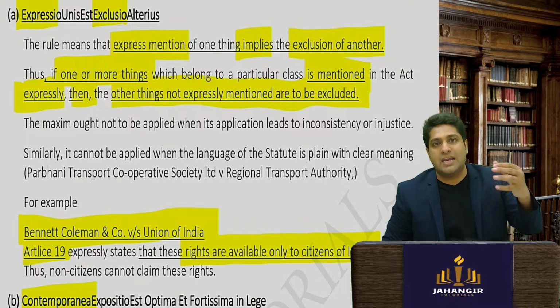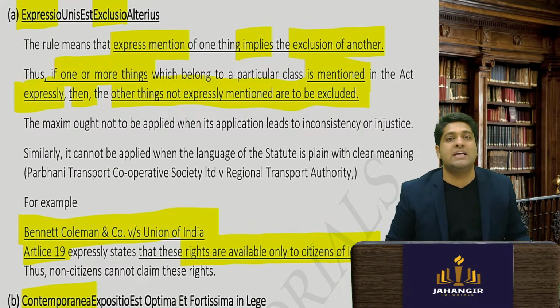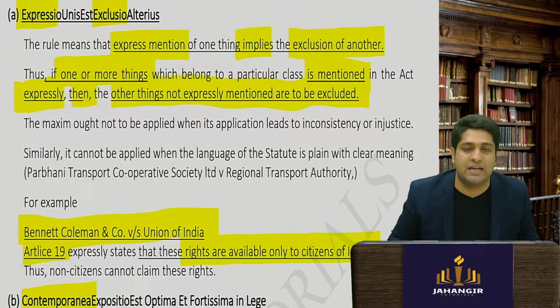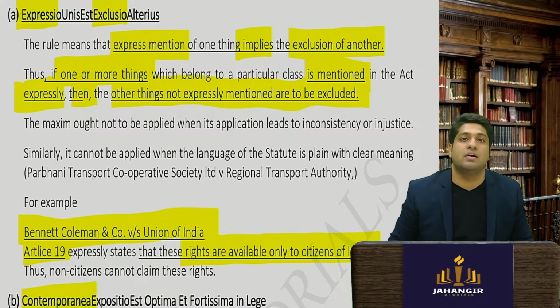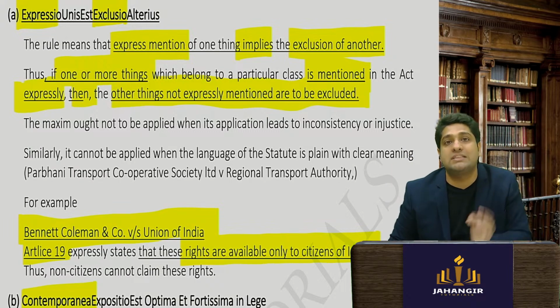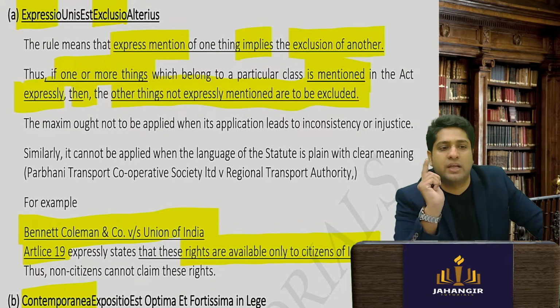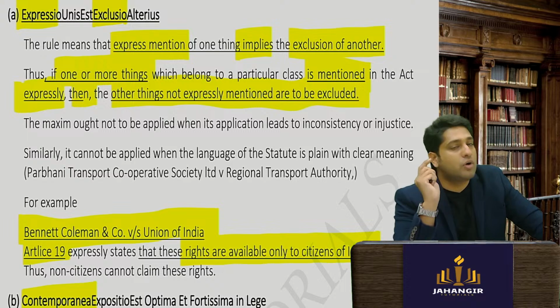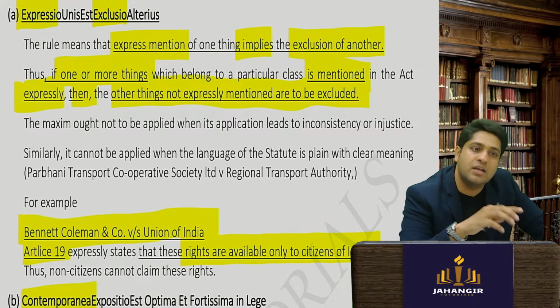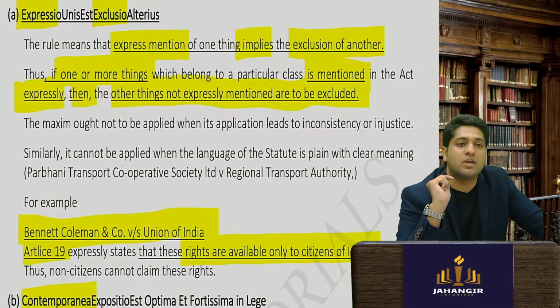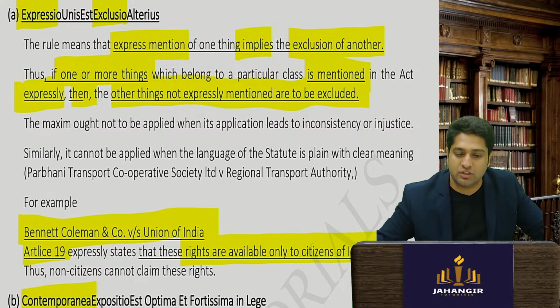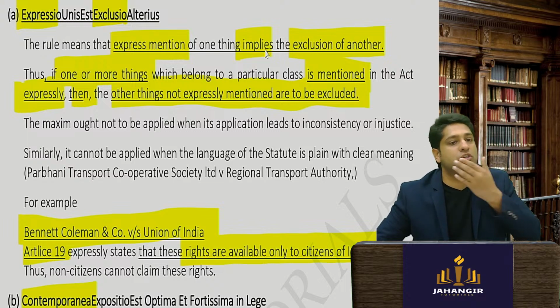An example of this in law is when I say that fundamental rights under Article 19 are available to citizens only, or Article 14 is available to citizens only. When we say like this, that means foreigners cannot apply. So what does this rule say? That the express mentioning of one thing means the exclusion of the other.